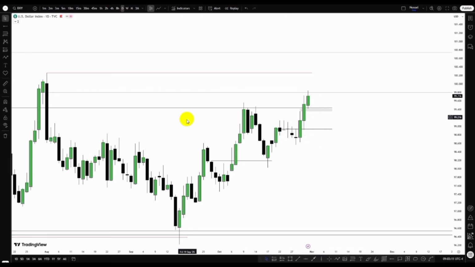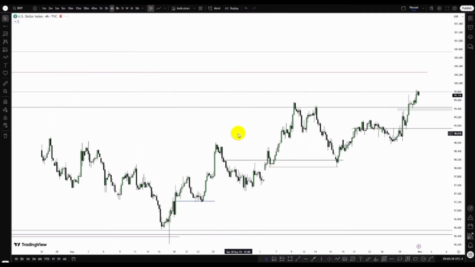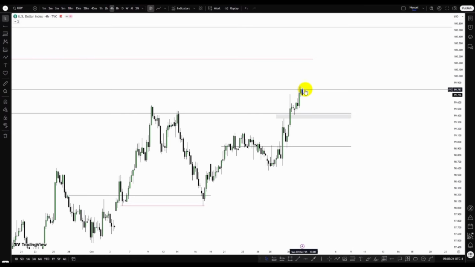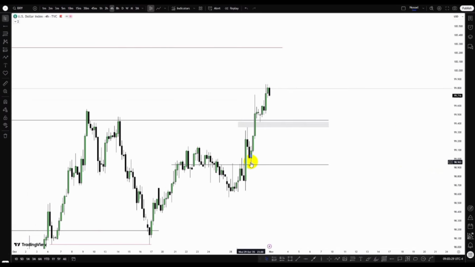Let's look at the 4-hour time frame here in the dollar index. What we can see here in the 4-hour time frame is that price is now reacting from the bearish order block from the daily time frame. You can see the second level we are looking forward to and the first level from the weekly time frame.